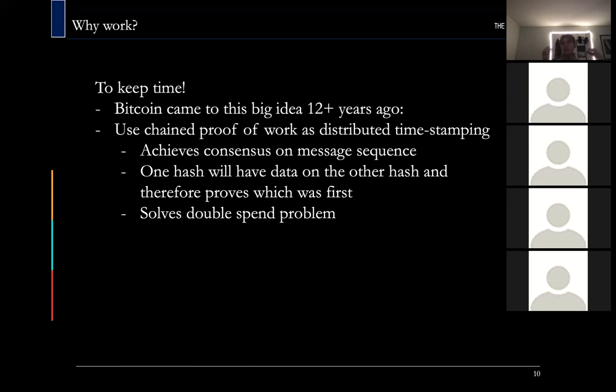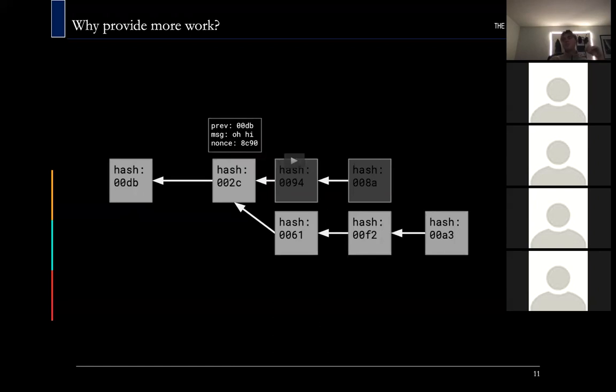So it achieves consensus on message sequence. One hash will have data on the other hash, and therefore proves which was first. I have a graphic after this explaining it. I'll actually show it to explain a little bit. So the way it works is that this is a hash, and the number on the hash is the hash ID.